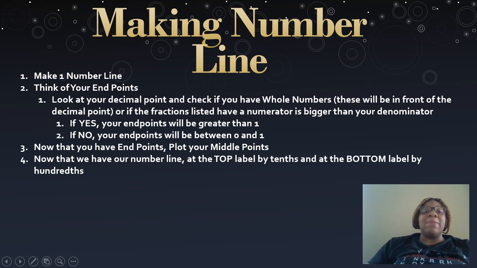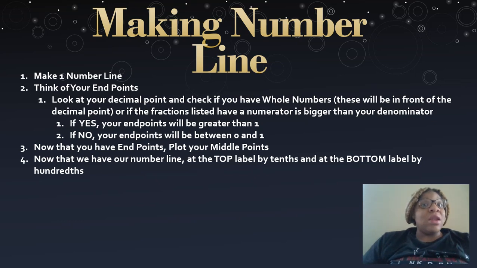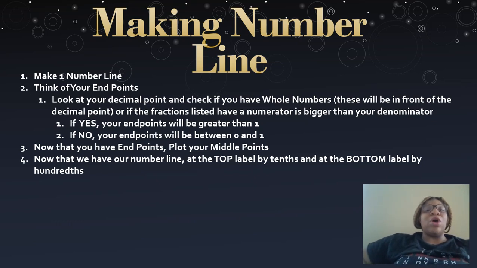Next, we're going to think about our endpoints. Here are some things to keep in mind. Look at the decimal point and check if you have a whole number. Remember, this will be in front of the decimal point, or if the fractions listed have a numerator bigger than your denominator. If the numerator is bigger than the denominator, we know the fraction is greater than 1 whole.